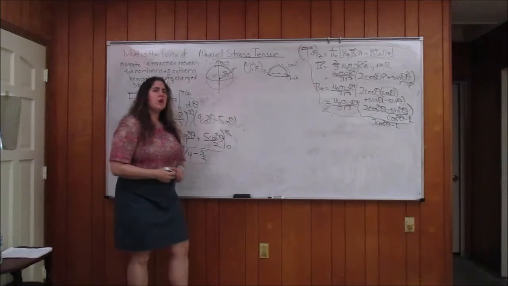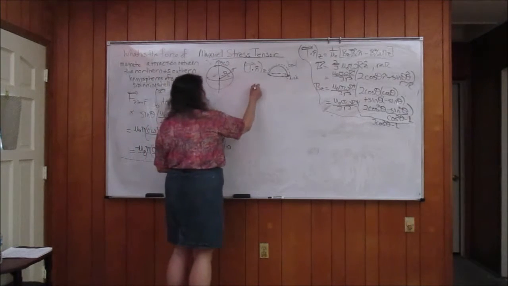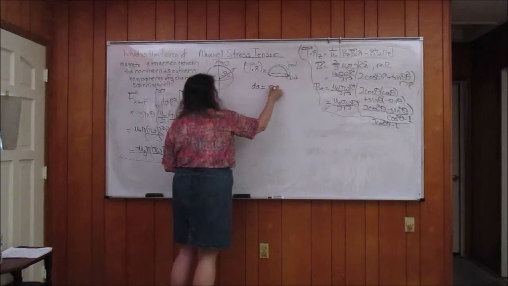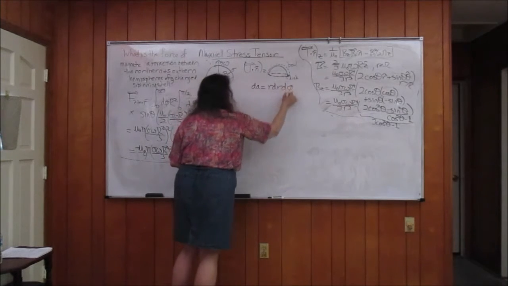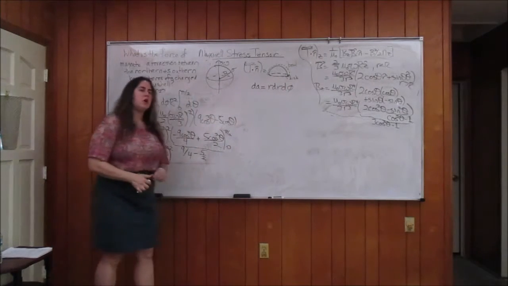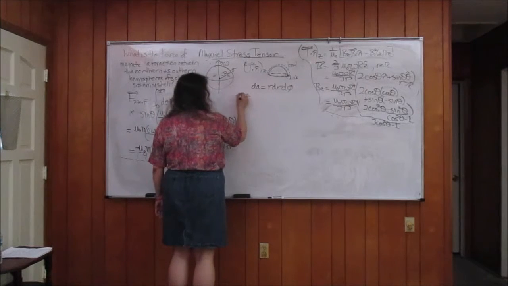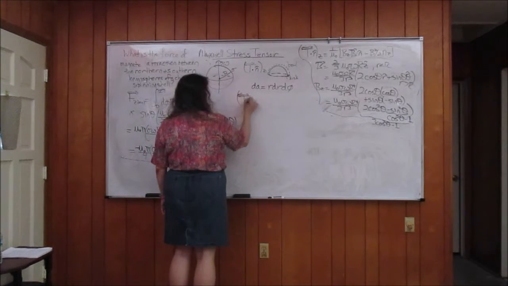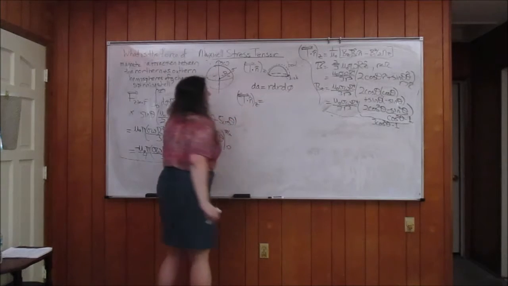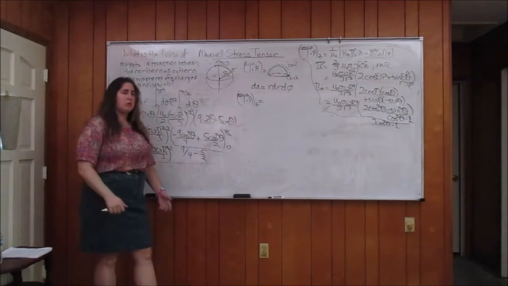To calculate the contribution from the disk, we'll take the surface element to be r dr d phi. And in this case, the magnetic field is going to be uniform. Why?